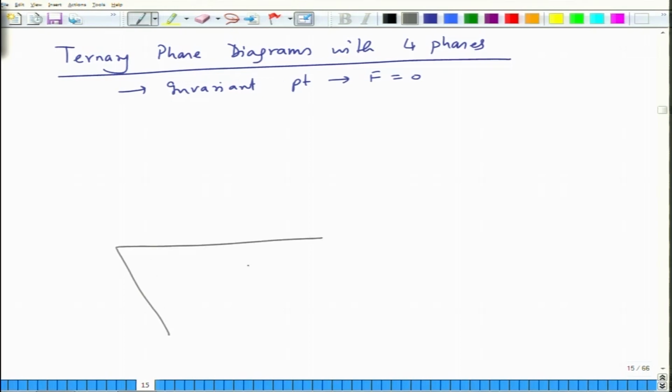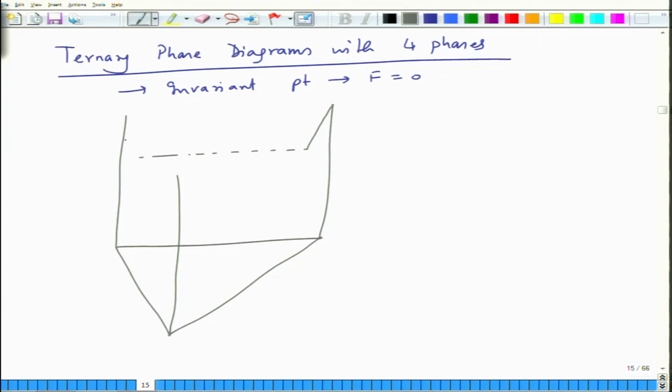I am going to draw a slightly oblique diagram here just for the sake of illustration. The first phase diagram is on the back. Another phase diagram that you have is on the side.